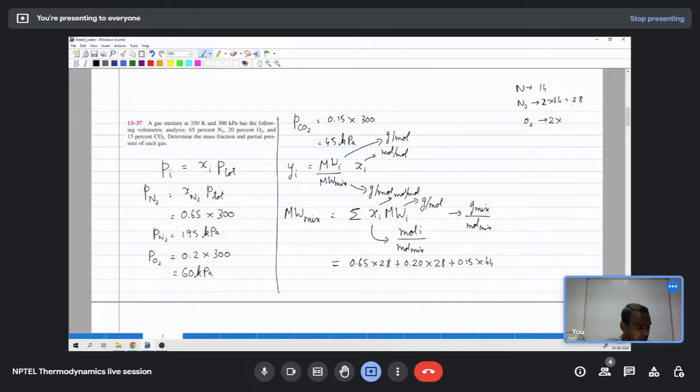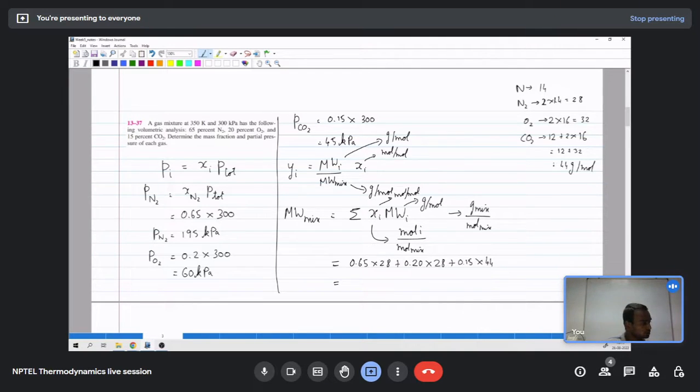Each oxygen weighs 16 gram per mole. So oxygen molecule O2 will be 2 into 16, which is 32. And for carbon dioxide, for carbon it is 12 plus 2 into oxygen, 16, which is 12 plus 32 becomes 44. So for carbon dioxide it is 44 gram per mole.